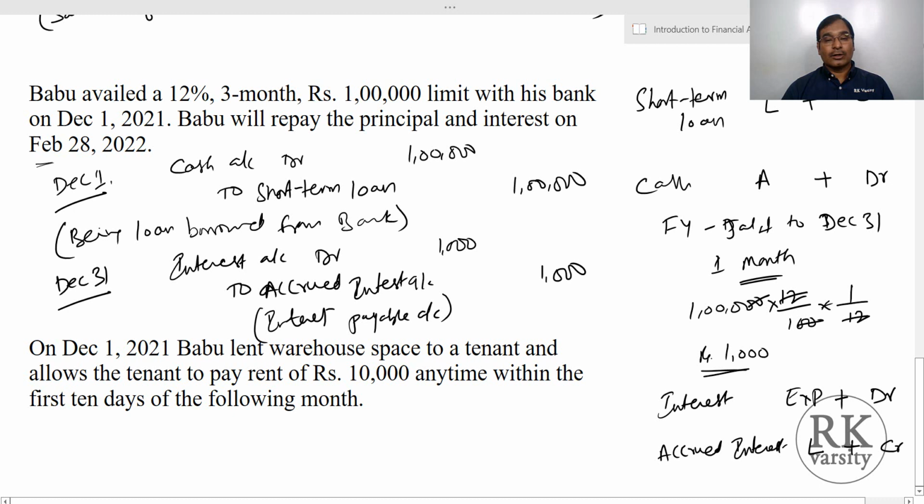So we are not considering interest on those 2 months. We are considering only interest on the December month, which is accrued. And as here we say that we'll repay the principal and interest in Feb, we are not paying any interest now, which is the reason why we are showing this as an accrued interest, or interest amount payable.